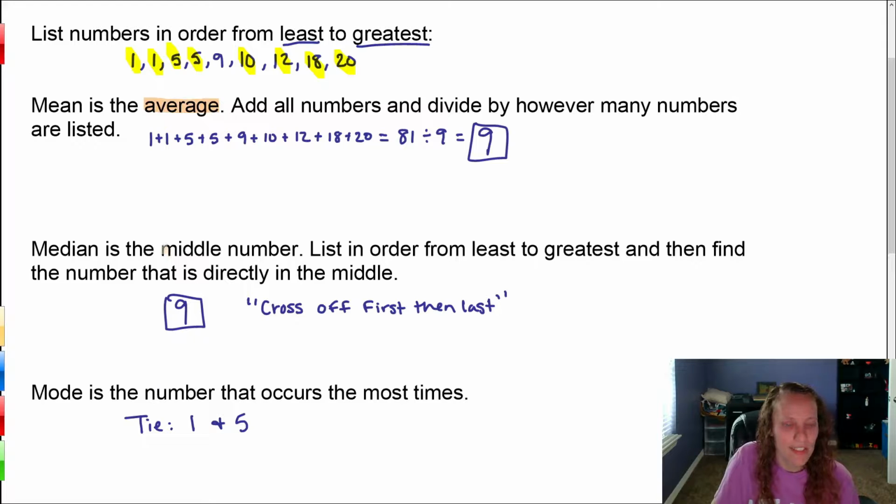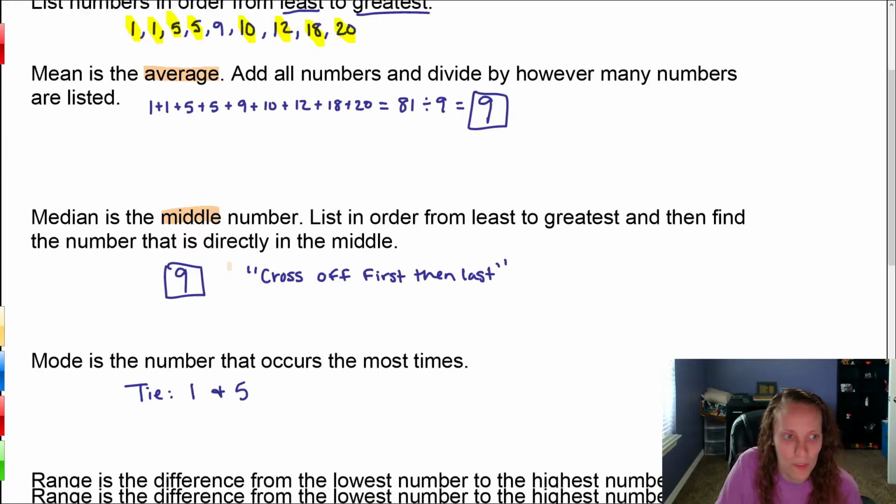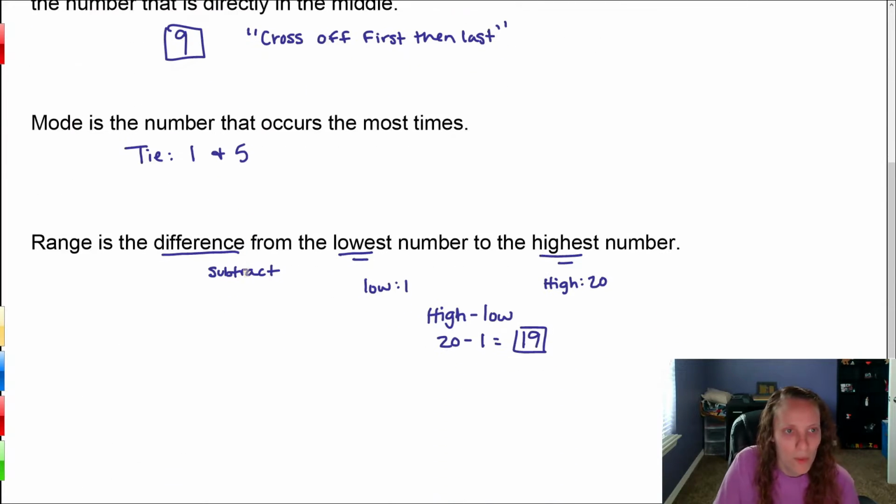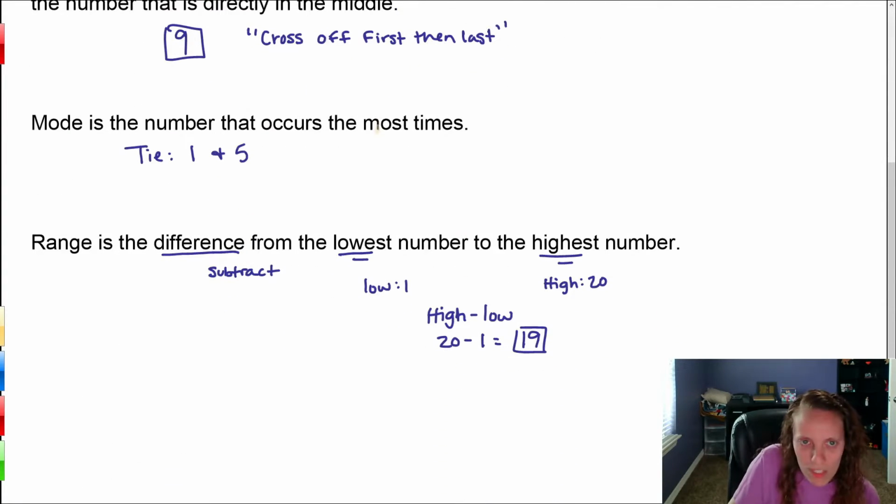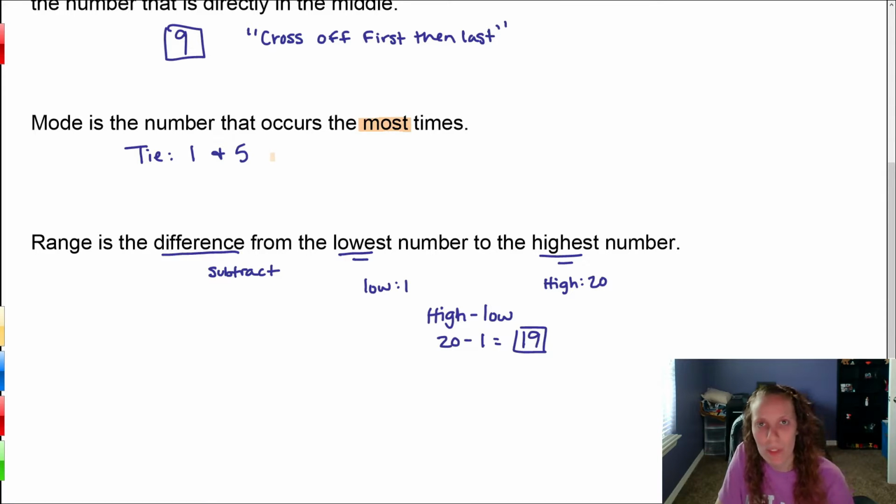The median is the middle number, so remember you have to have the numbers in order from least to greatest and then cross them off first, last until you find the very middle number. Mode is the number that occurs the most times. In our case, we ended up having a tie because 1 and 5 happened twice, where all the other numbers happened once. If there was a number that happened 5 times, that number would win to be the mode or the most.